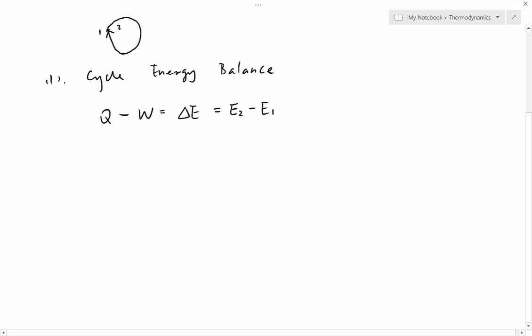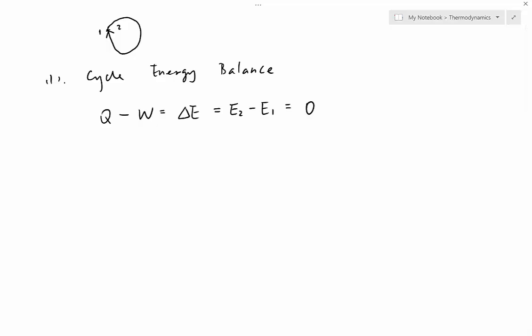Okay, so now if you have a cycle, what is the relation between number 1 and number 2? If it is a cycle, number 1 is number 2. So E2 must be equal to E1. So that's why E2 minus E1 is equal to 0.